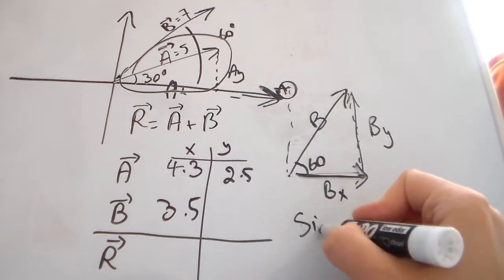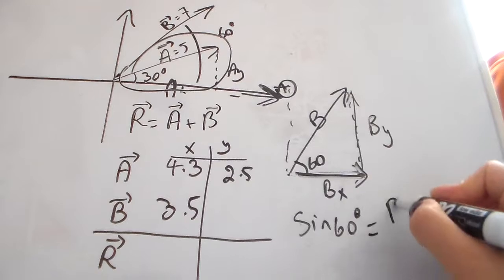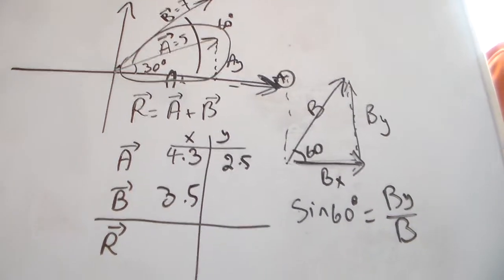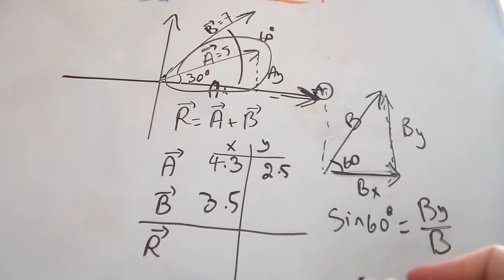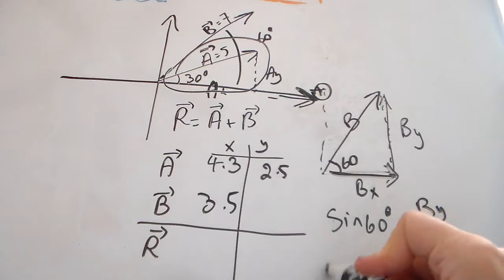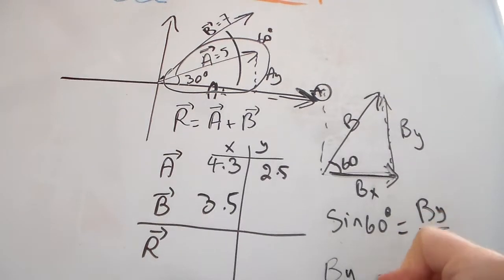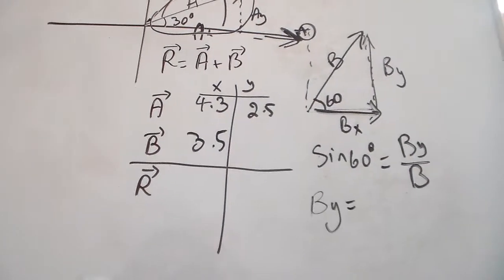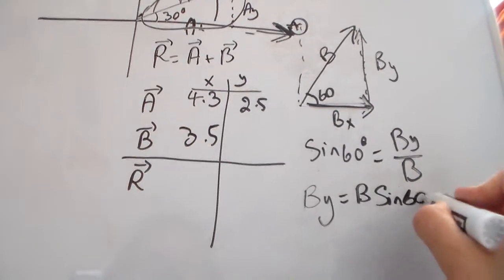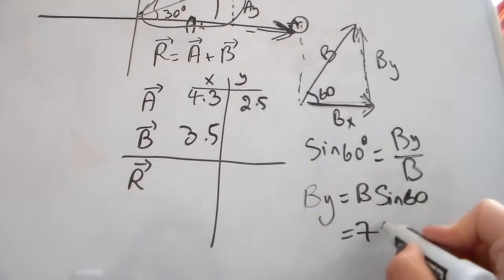So now sine of 60 degrees is opposite over hypotenuse, and then what we have is sine of 60 degrees is, well, just let's write B_y. It really doesn't matter, but since we've done it this way, let's keep going with the same trend. So it's going to be B sine 60 degrees. B is 7.